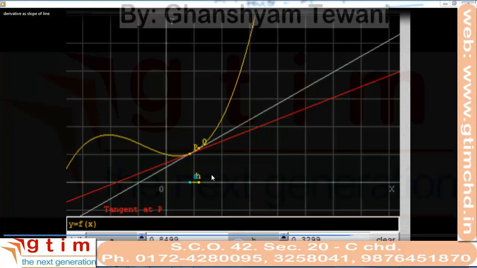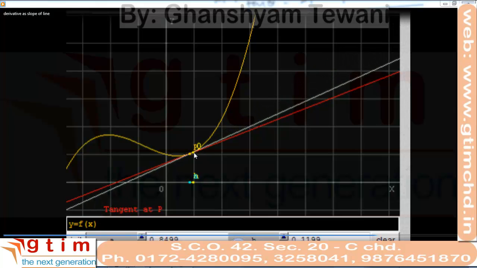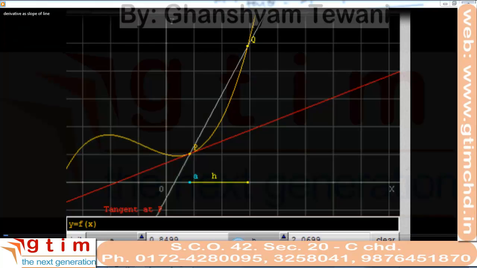And when point Q is very close to point P, we have line PQ coincide with what? This red line, which is in fact tangent to the curve at point P.